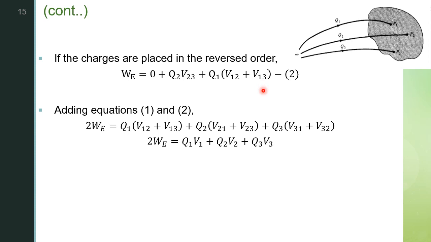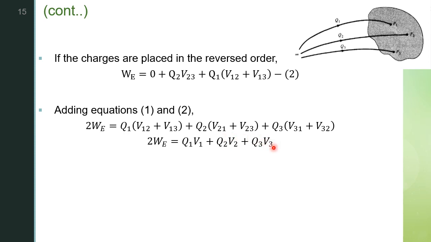On adding equations 1 and 2, we will get 2WE equal to Q1 into (V12 plus V13) plus Q2 into (V21 plus V23) plus Q3 into (V31 plus V32). When you consider V12 plus V13, it can be rewritten as V1, which is the total potential at point P1. And V2 is the total potential at point P2, which is the sum of V21 and V23.